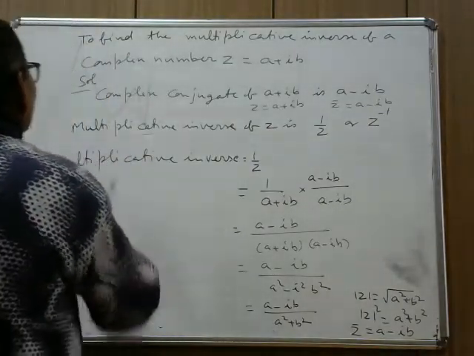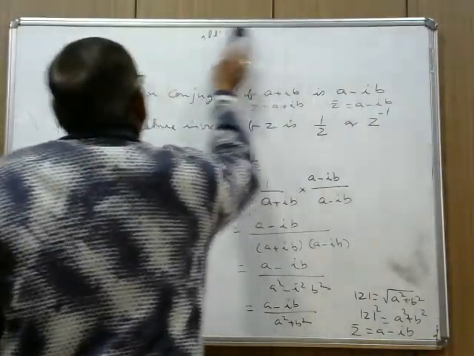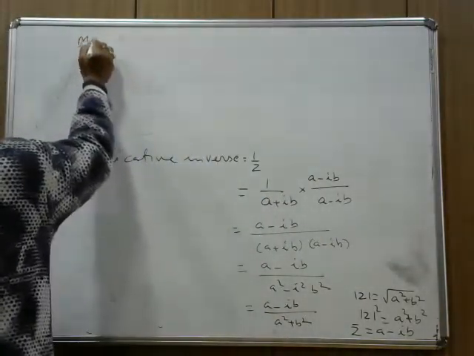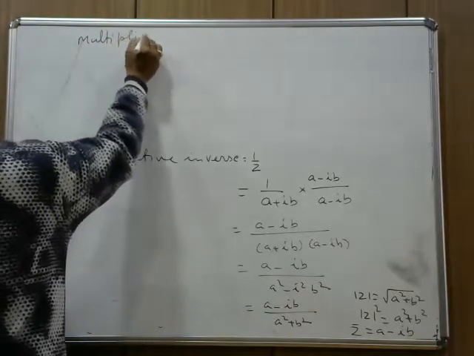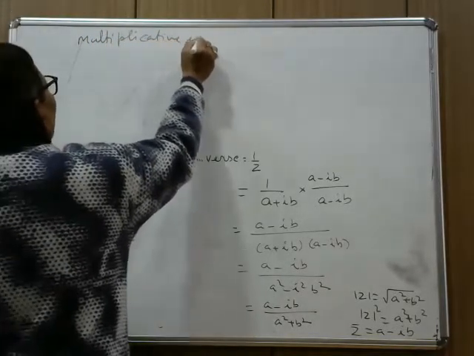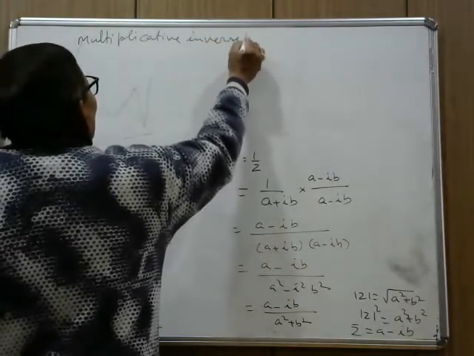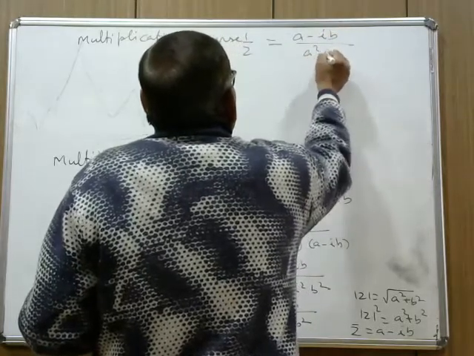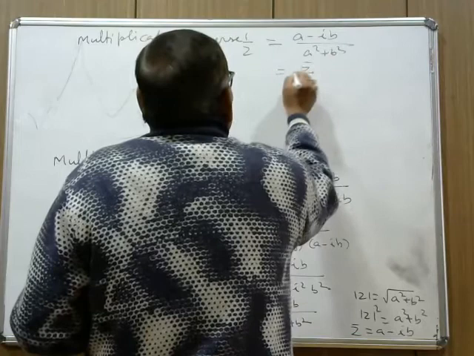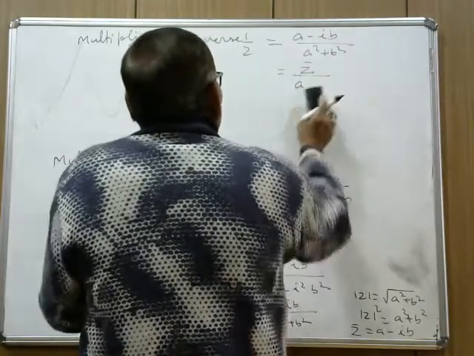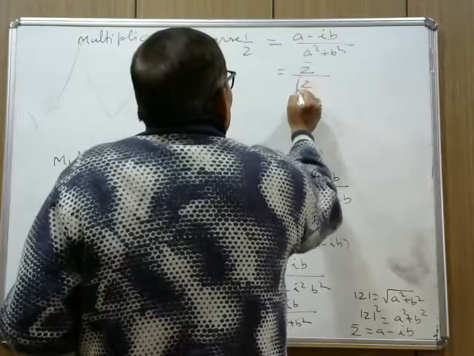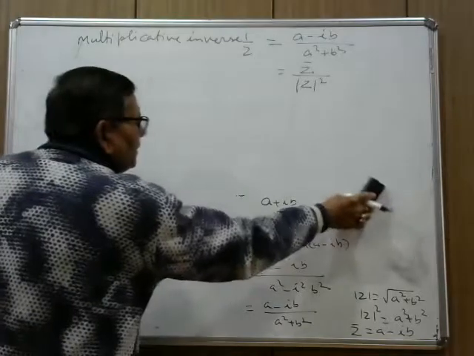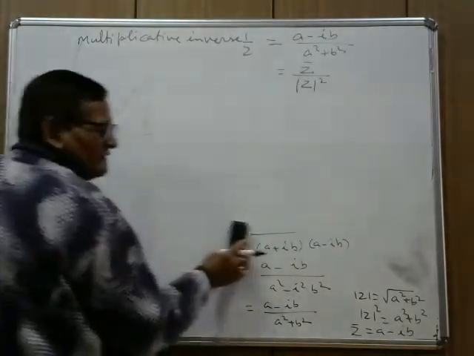So we can write the multiplicative inverse of z, 1 by z, equal to a minus ib upon a square plus b square, that is equal to z bar upon mod z whole square. So when you want to find the multiplicative inverse of any complex number, you can use this as a formula.